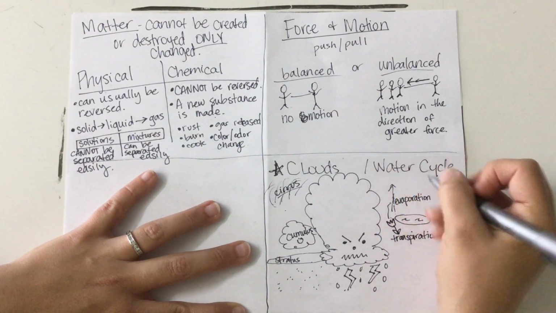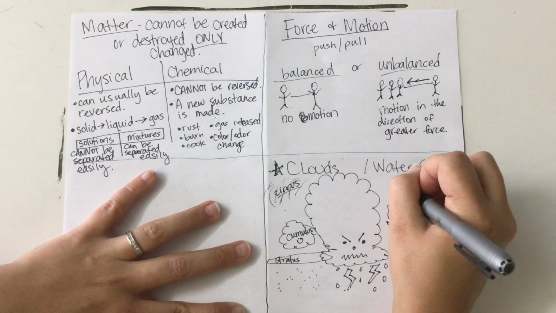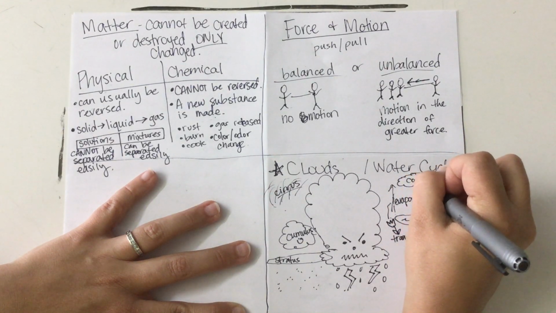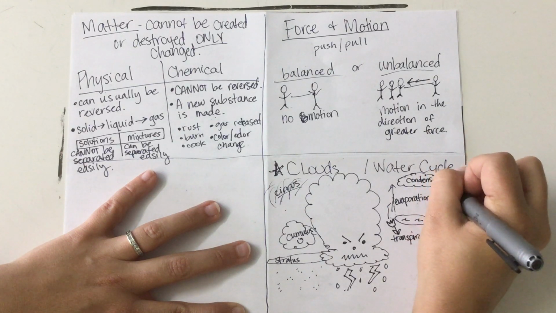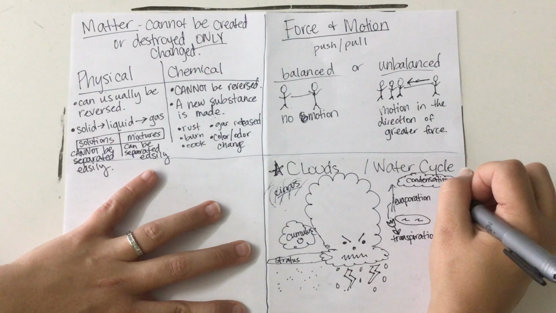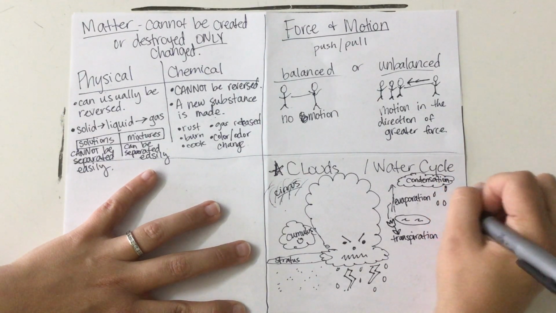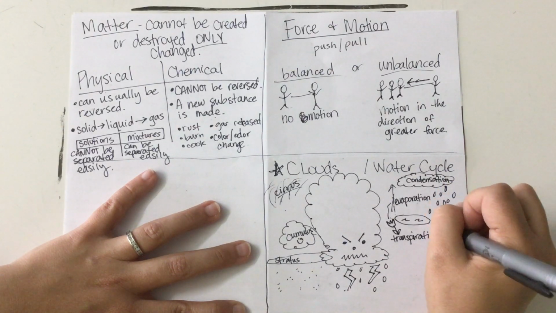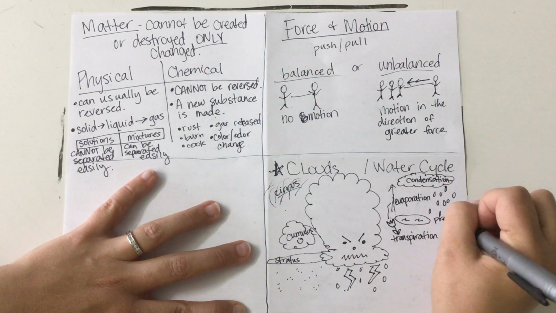As the water rises high into the atmosphere, it begins to cool and form clouds in the process called condensation. And as those clouds get too full to hold any more water, they begin to spill out, or precipitate, in either rain, sleet, hail, or snow. Precipitation.